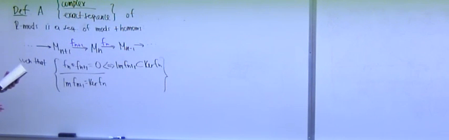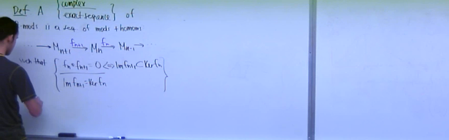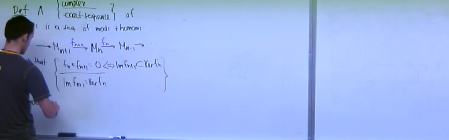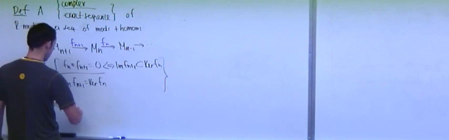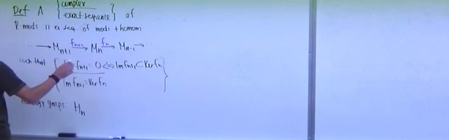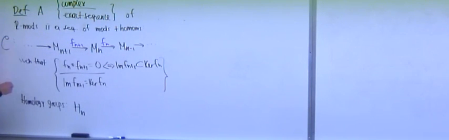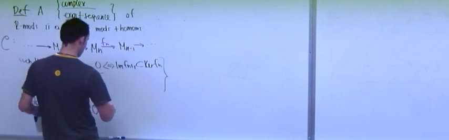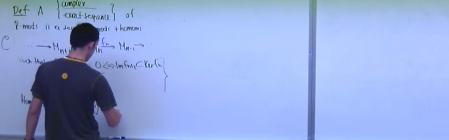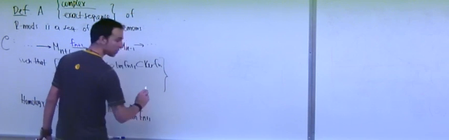So I want to just write that down now. We won't use it right now, but we will use it in this class. So I want you to at least see this definition. So the homology groups of this complex, so maybe we'll call it C, is going to be the group kernel of Fn modulo image of Fn plus 1.